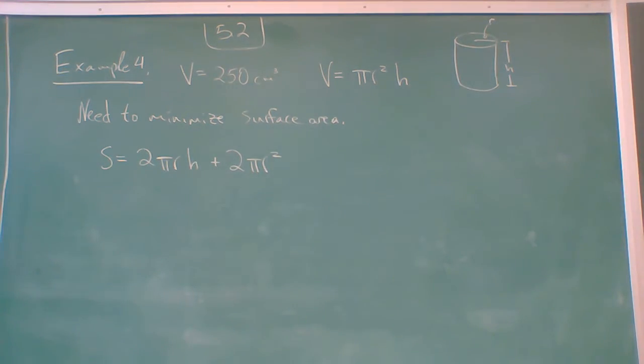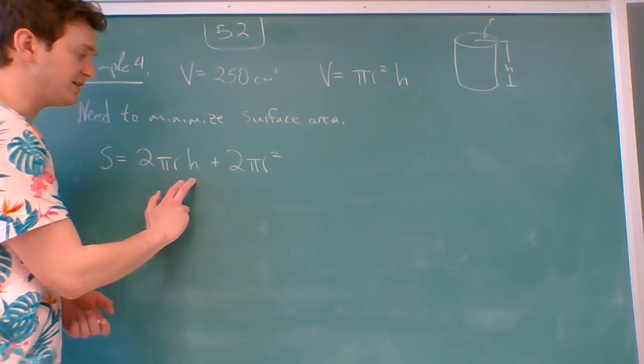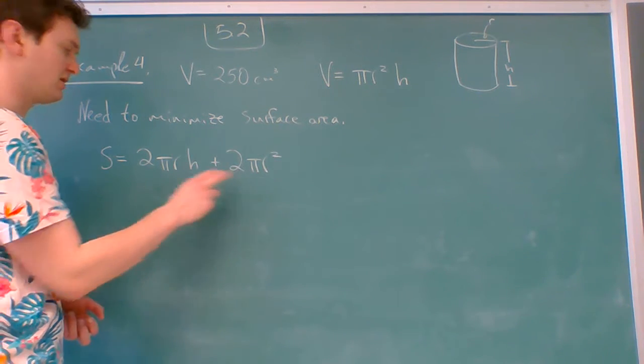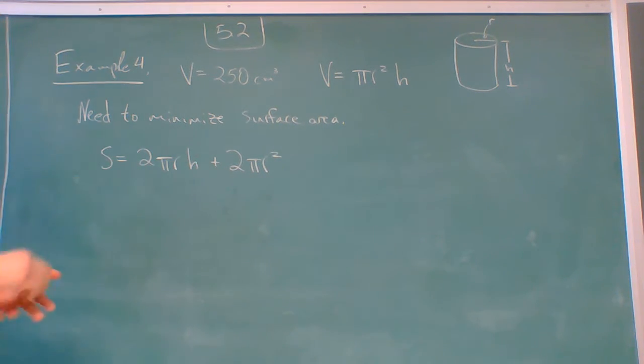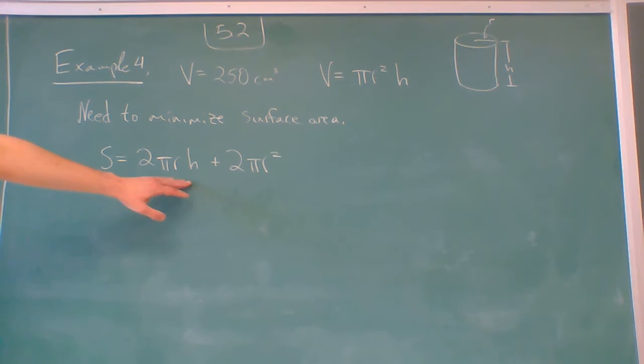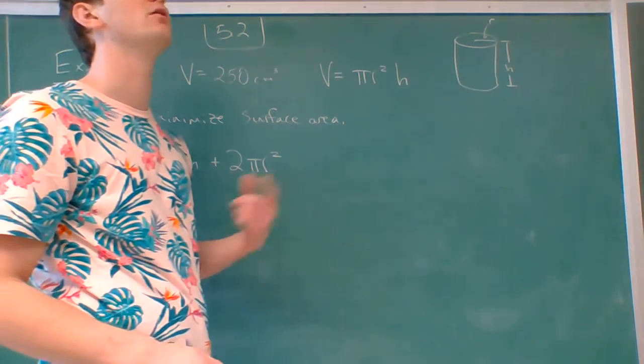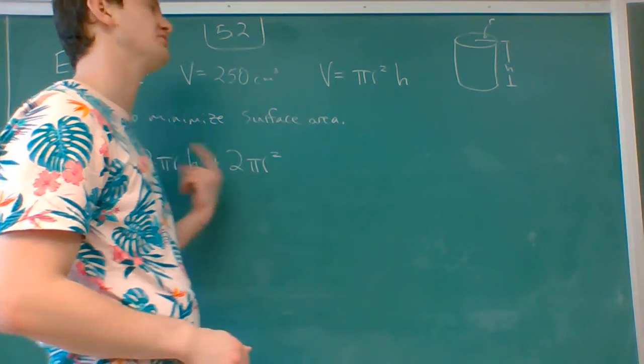This is kind of similar to example 2, because we've got a function that we want to minimize, but it's got a dependence on radius and height. It's got a dependence on 2 different things. I want to see if I can get height as a function of r, or vice versa. I could get r as a function of h, or h as a function of r.